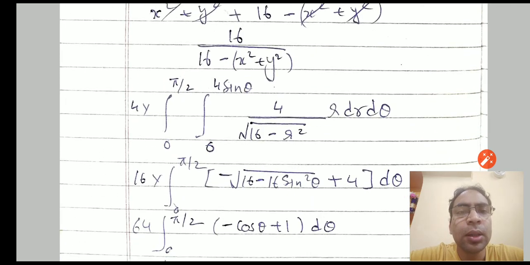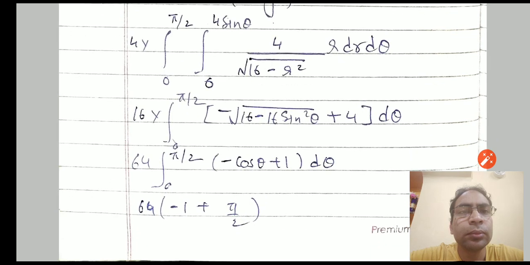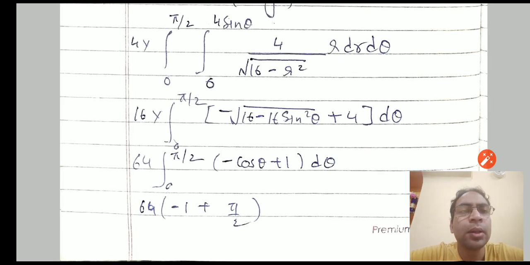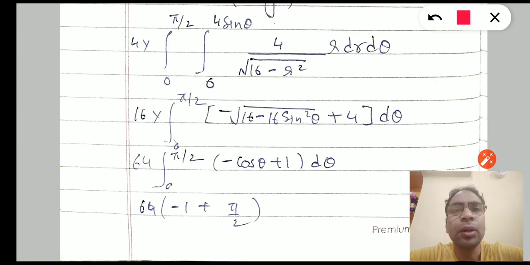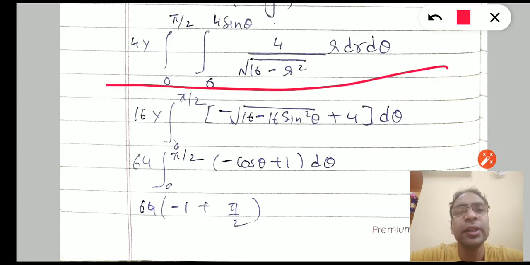On solving this equation by performing the integration and substituting the limits, we obtain the final surface area as 64 multiplied by minus 1 plus pi by 2.